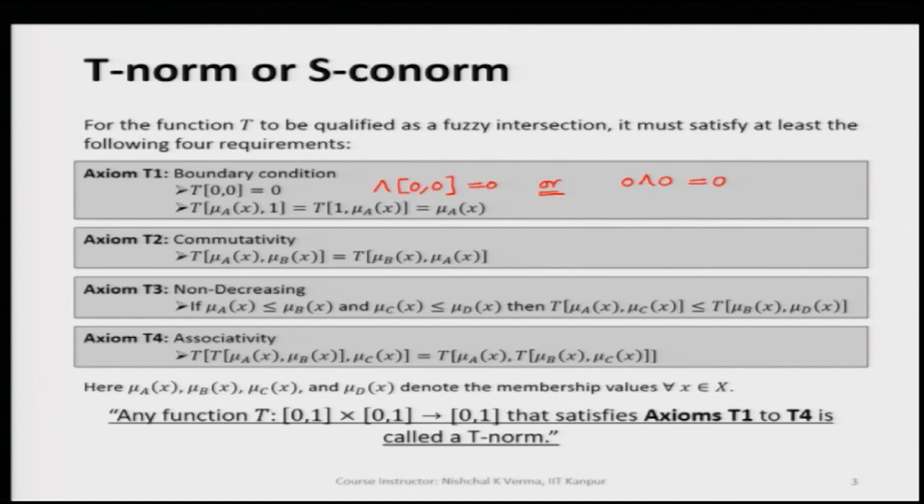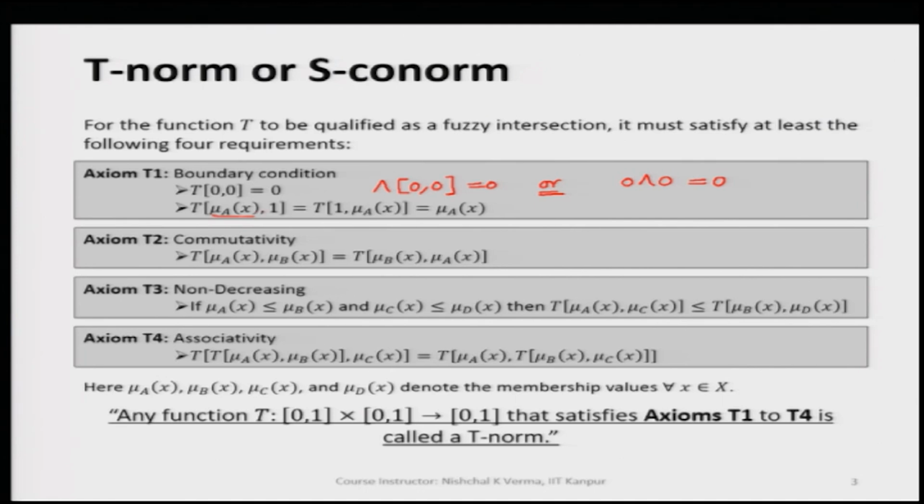Now, if we take T norm of any membership value, represented by mu A of x here, and then we have 1. So, if we take these two membership values, the first one is mu A x and the second one is 1, and please note that this 1 is the highest value which a membership value can attain.